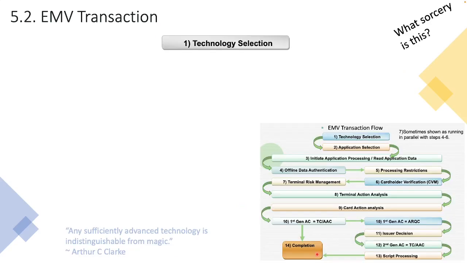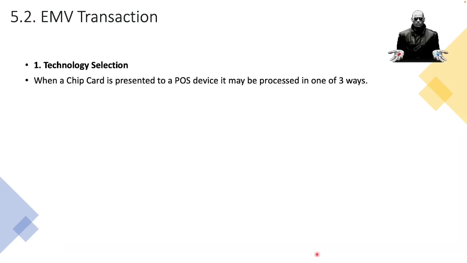Okay. So let's talk about the first step. This video covers the first step, which is technology selection. Okay. So when a chip card is presented to a POS device, it may be processed in one of three ways, right?